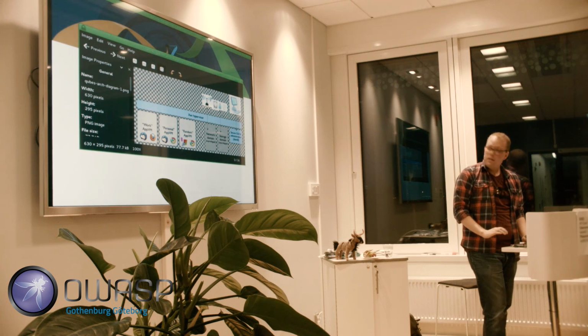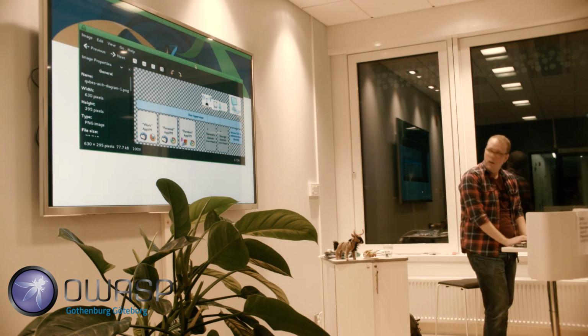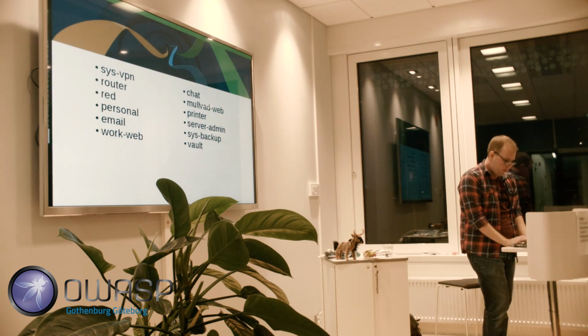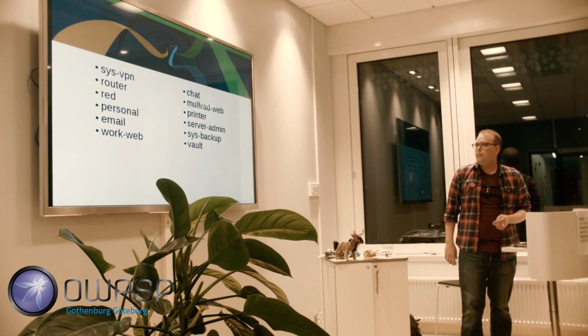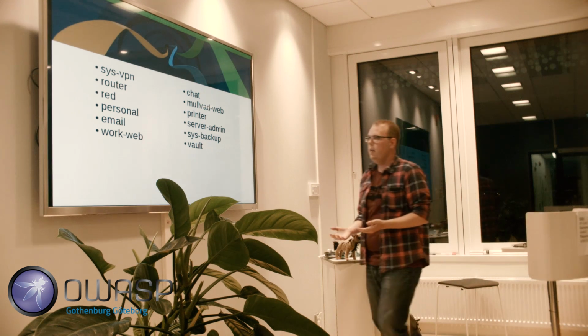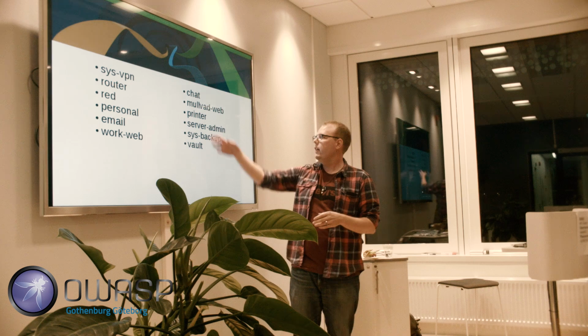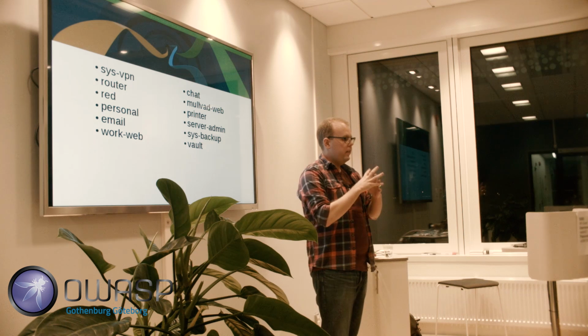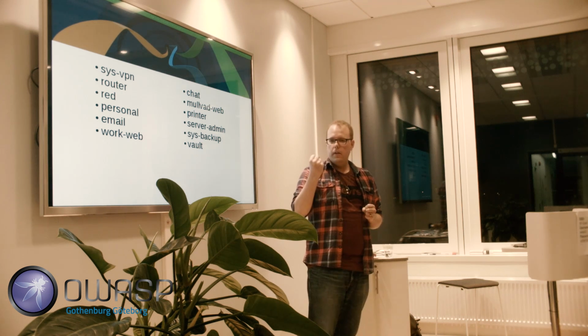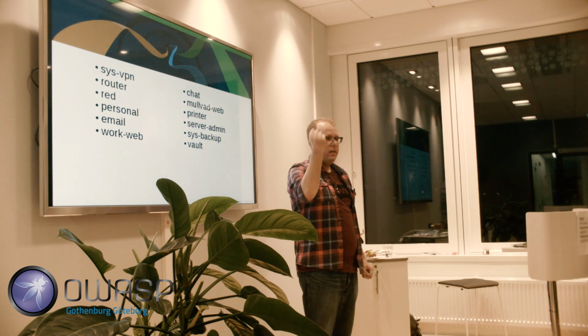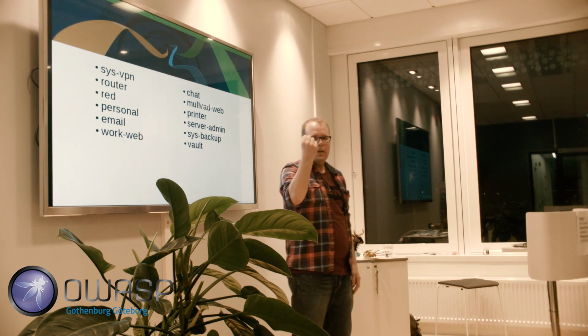Like I said, this is, let's see here, sorry. There we go. So this is what I do. I have a sys-VPN VM, which connects to my work VM and my server admin VM and all these VMs. You can create network topologies where you have your net VM, which I call sysnet.